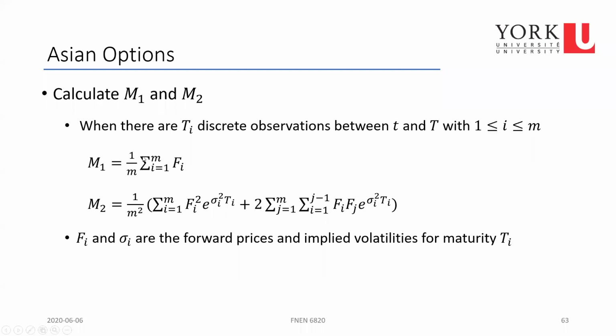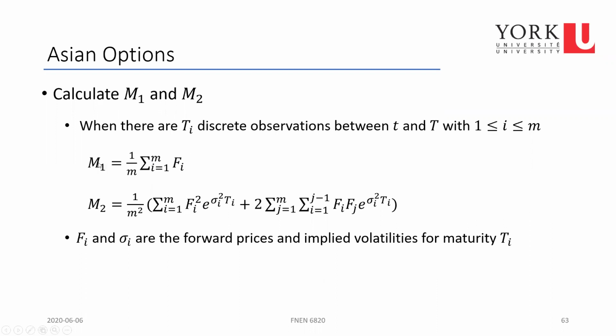So we have a whole bunch of sums. M1 will be a sum where each term involves a forward price of S, and M2 will involve the square of the forward price.